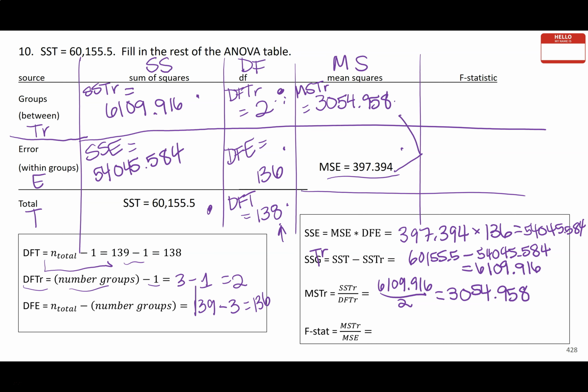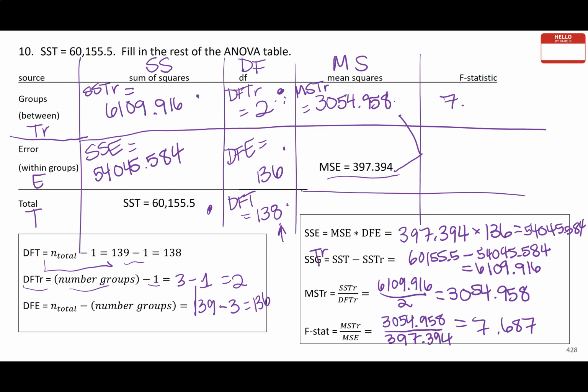Now I just have to take the ratio of that, and that's my F statistic. So my F statistic is that 3,054.958 divided by 397.394. It's going to be 7.687.